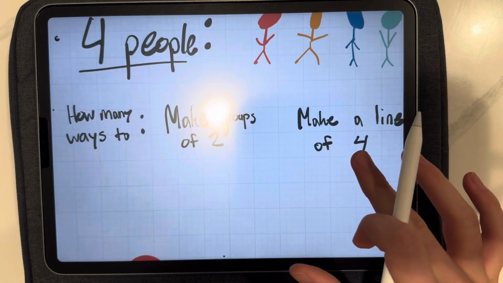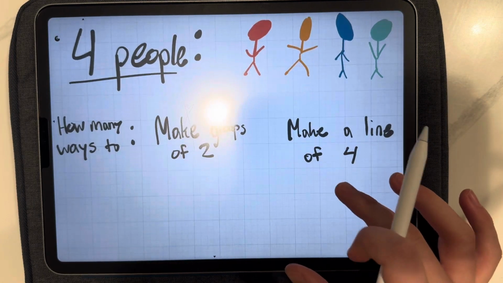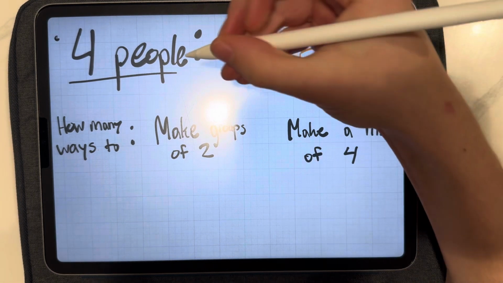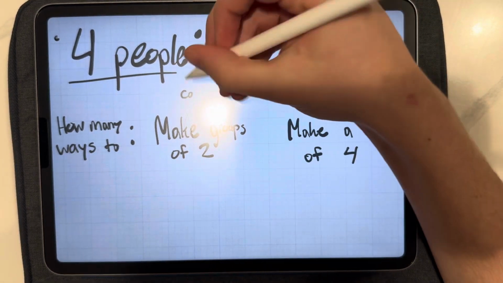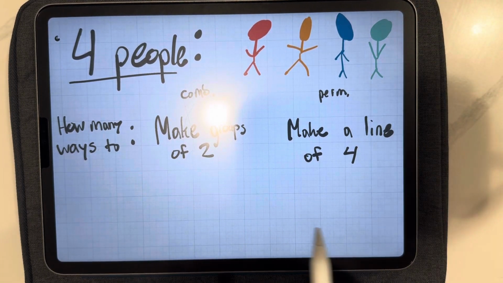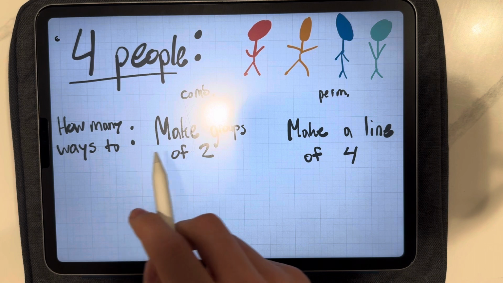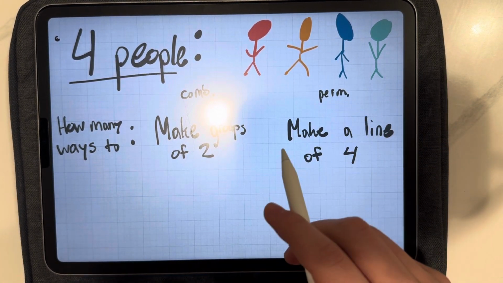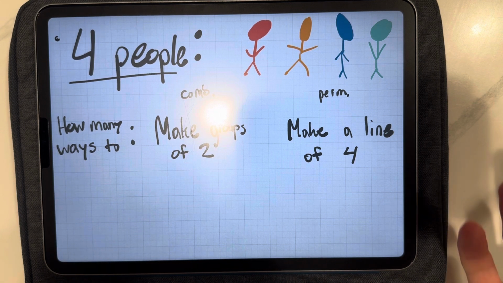Let's move on to another example. This is another question that shows the difference between combinations and permutations. So ask yourself, how many ways can you make groups of 2 given 4 people? I would urge that you try it out.